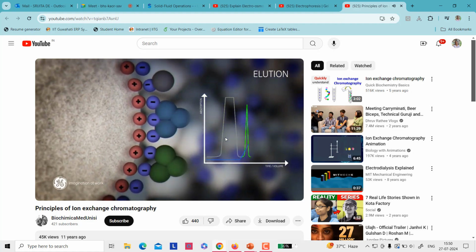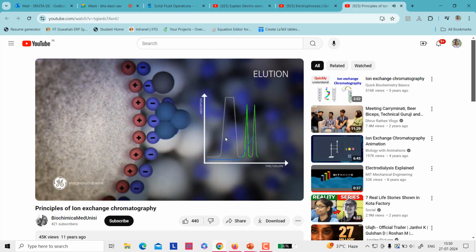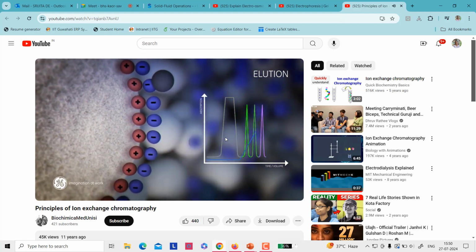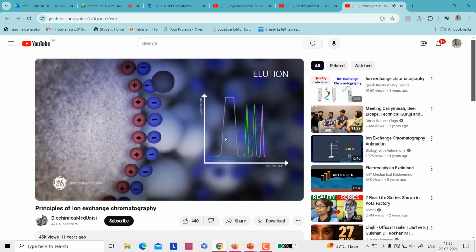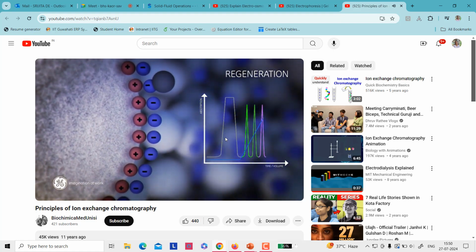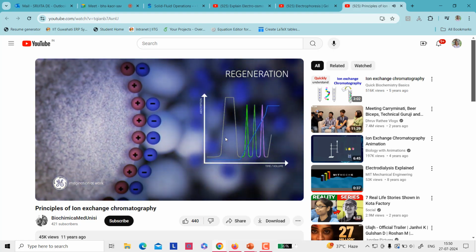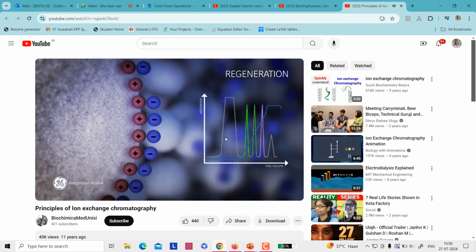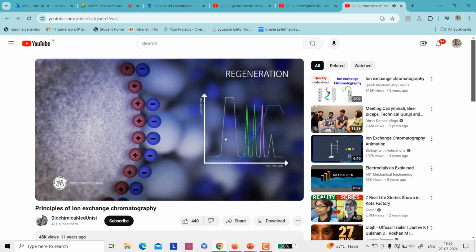A common way is to increase the ionic strength with sodium chloride or another simple salt in order to desorb the bound proteins. Proteins are desorbed relative to the number of charged groups on their surface. The final step, regeneration, removes all molecules still bound. This ensures that the full capacity of the stationary phase is available for the next run.